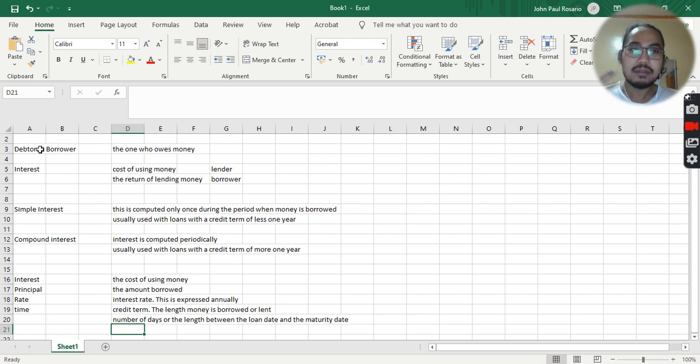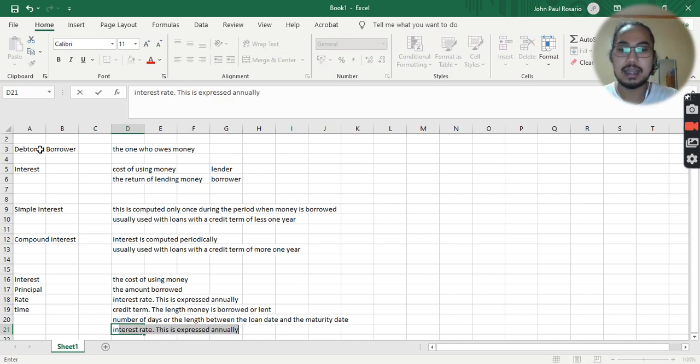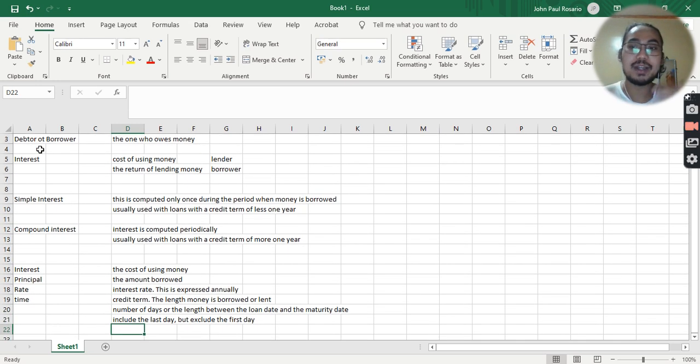So in counting the number of days nga involved within a credit or within a loan, you include the last day but exclude the first day. So again include the last day but exclude the first day. This will be further discussed later on once we discuss how to calculate the time when time is unknown.